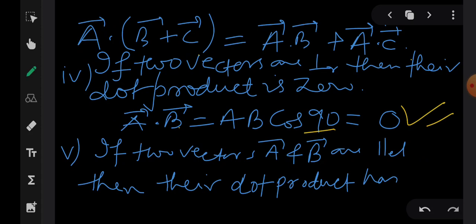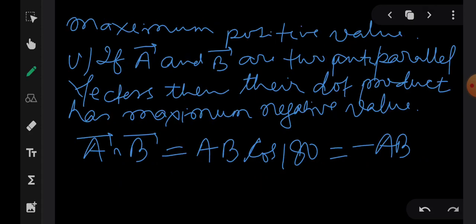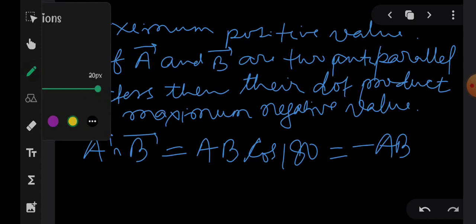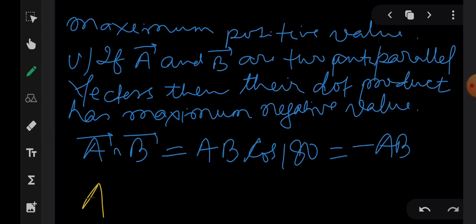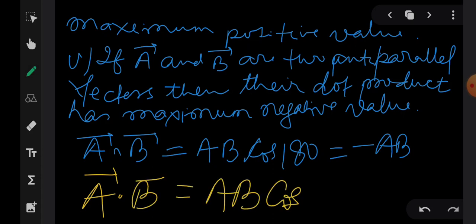If two vectors a and b are parallel, then their dot product has maximum positive value. That is, a dot b, if they have the same direction, then it will be ab cos 0. Cos 0 is 1, so it is ab, and this is the maximum value of cos theta.